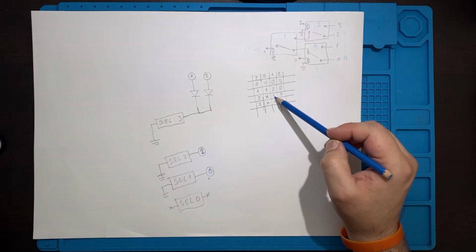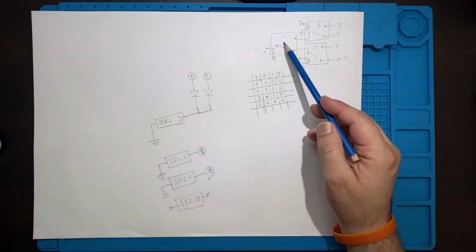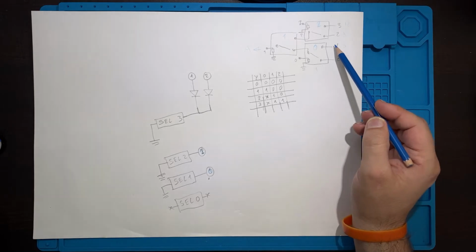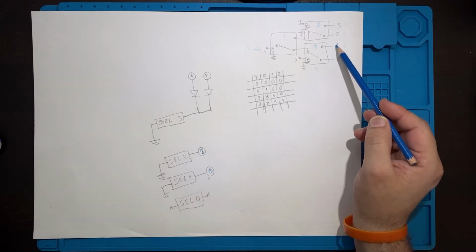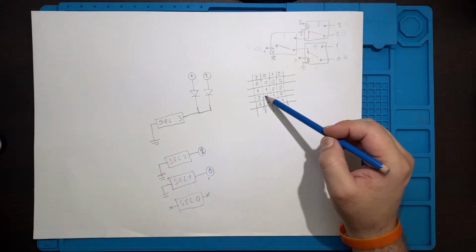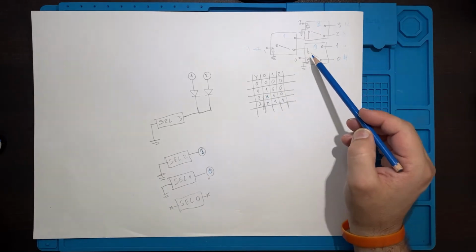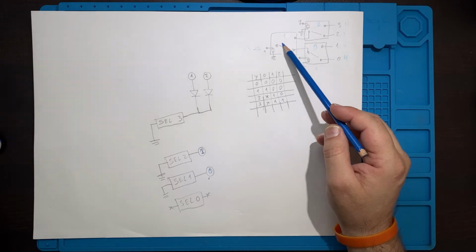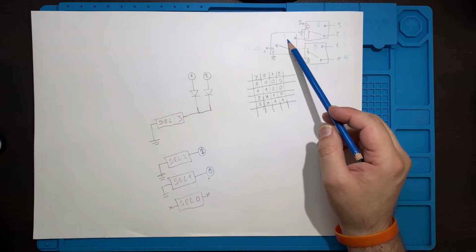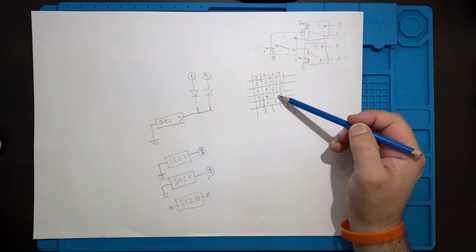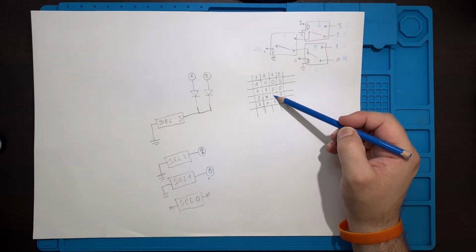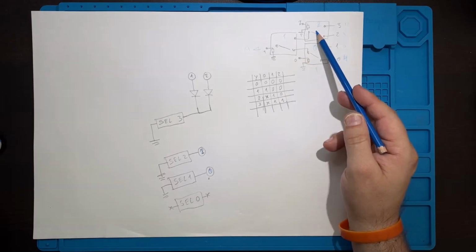If relay 1 is energized, it doesn't matter what is in 1 and what is coming in from either of these, so that's an X, because this relay will select that one. So whatever comes in is dependent on this relay being energized or not.